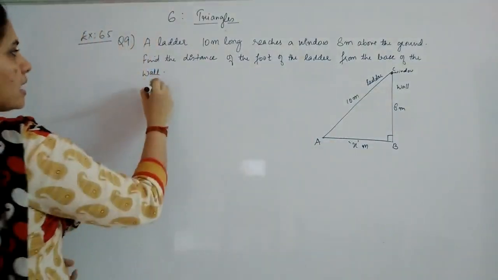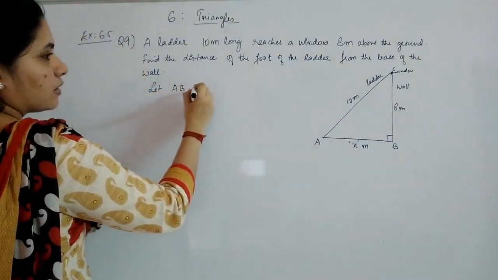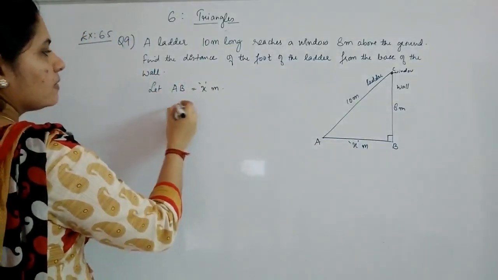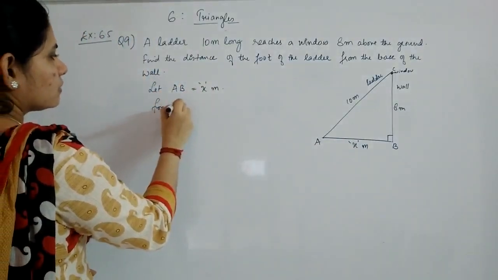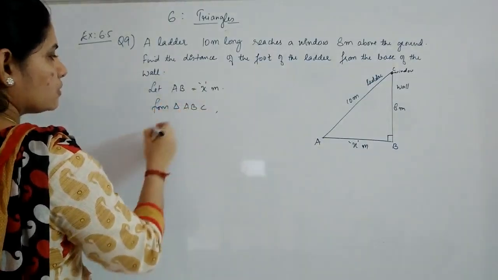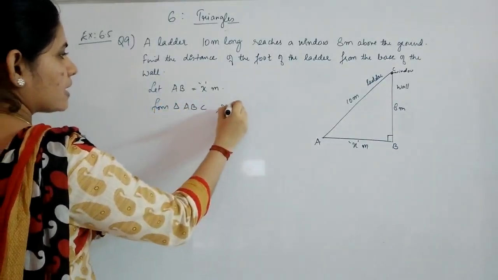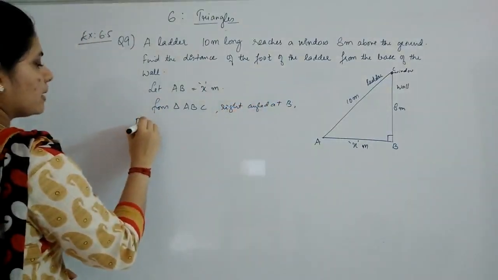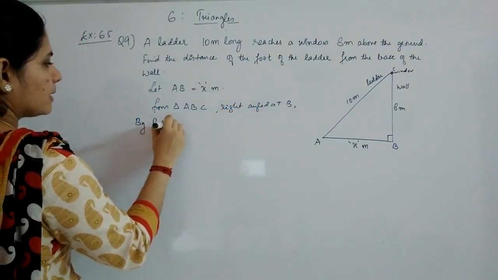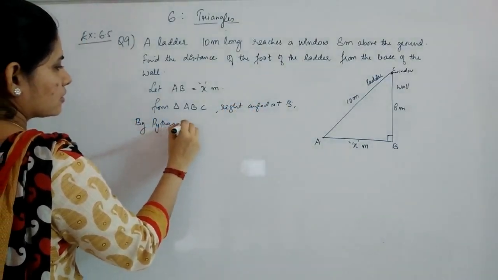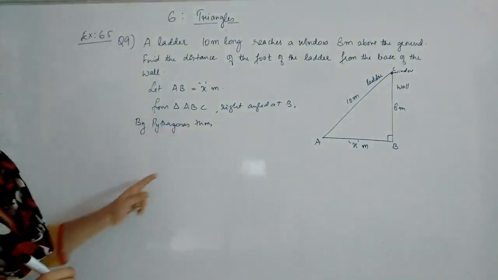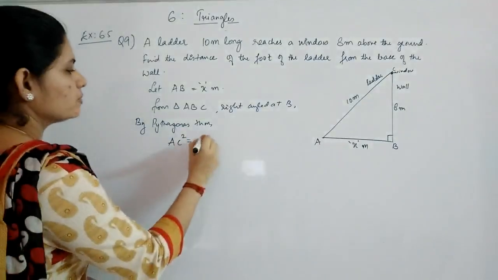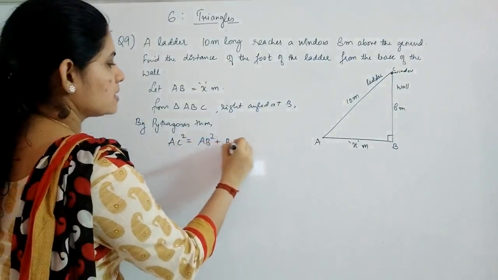Okay, so let AB is equal to x meters from the figure. From the triangle ABC, right angled at B, you can apply the Pythagoras theorem, which states that hypotenuse square, which is AC square, will give you base square plus altitude square, AB square plus BC square.